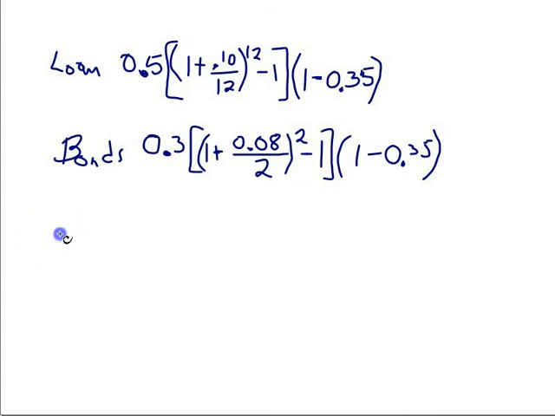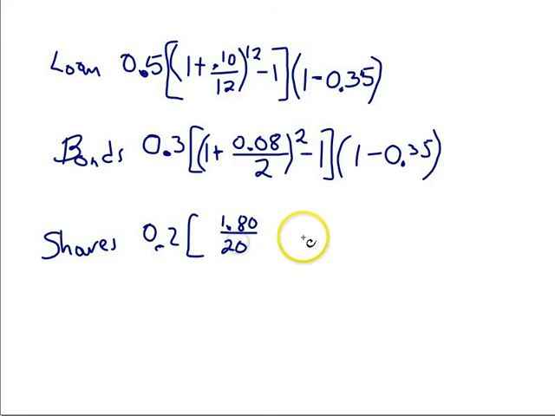Finally, the effect of the shares is 0.2 times. Now we have a dividend of $1.8 for every $20 that we get invested in the company, because that's the average price, and that's going to compute the ratio of how much we need to pay to the shareholders.